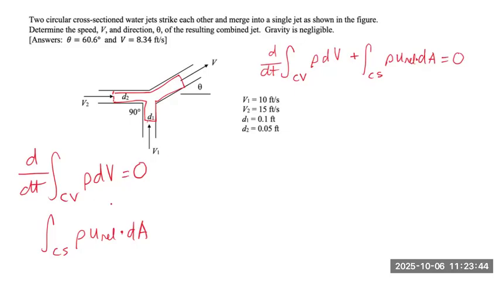This simply means that the total mass entering each of these locations must equal the mass that comes out at this place. Since this part is equal to 0, we can plug in 0 over here. Thus, this integral must be equal to 0 by the conservation of mass equation, since it's the only thing in the equation.